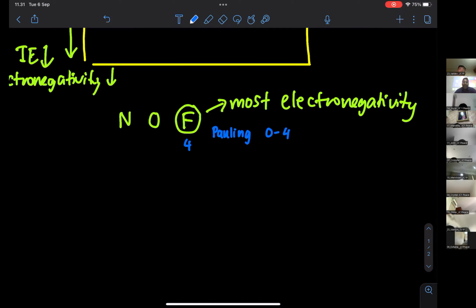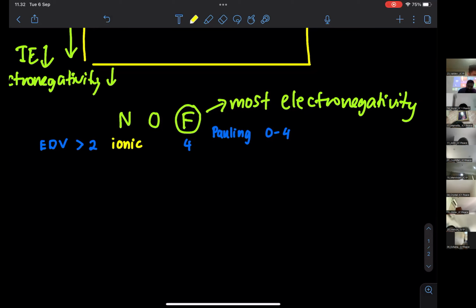We can use the difference between the values to find out whether the bond is ionic, covalent, and so on. For example, for the electronegativity difference value, EDV, if this value is greater than 2, you can say this is an ionic compound, the bond is ionic.